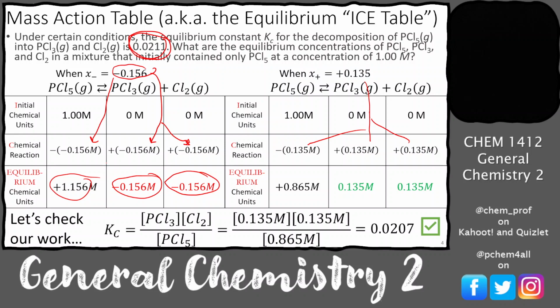Because this is a root for that quadratic equation. So it is a valid mathematical answer, which would give 0.0211, but it's a nonsensical scientific answer. This is the only thing that drives people crazy about the quadratic formula. You get two roots, but one of those roots makes sense and the other one does not.